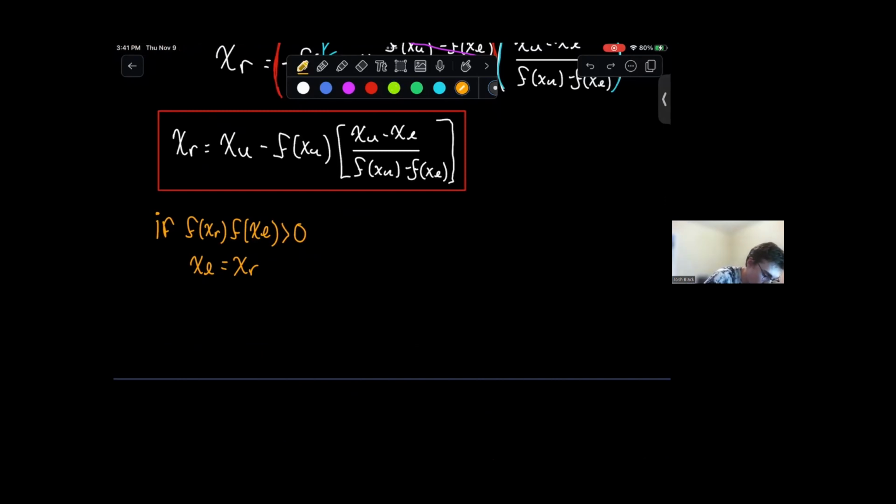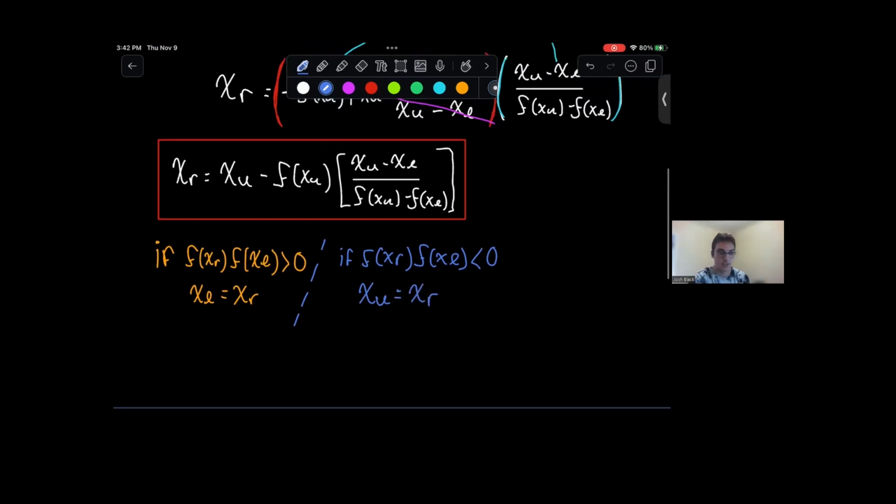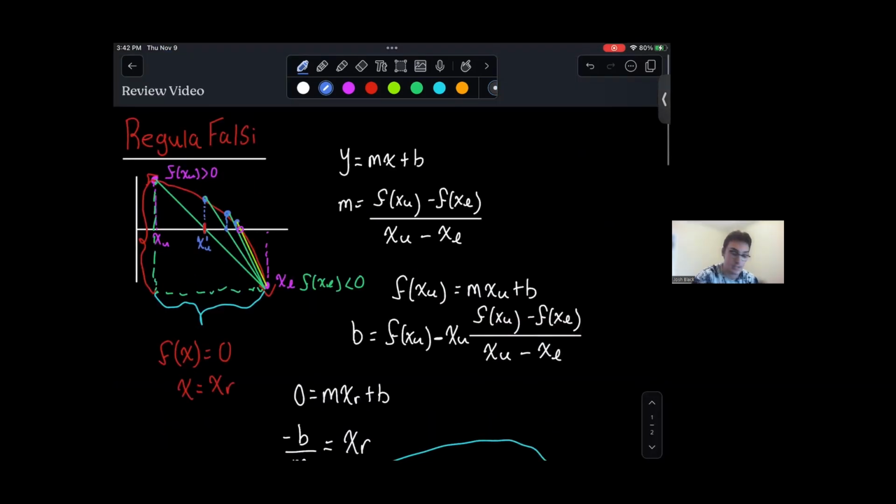But on the other hand, if f of xr times f of xl is less than 0, well, then that must mean I have to change xu. And that's going to be equal to xr, which is what was going on in this diagram up here.